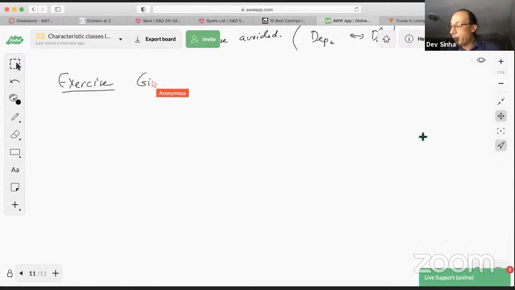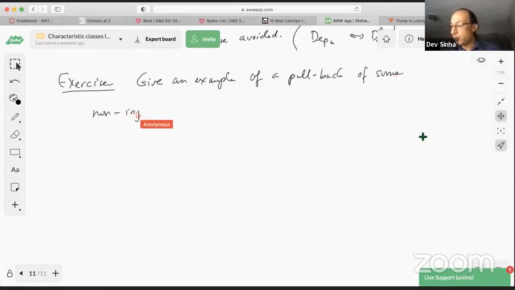Construct an example, necessarily not of complementary dimension by what I just said, of a pullback of some non-injective map, which is transverse.